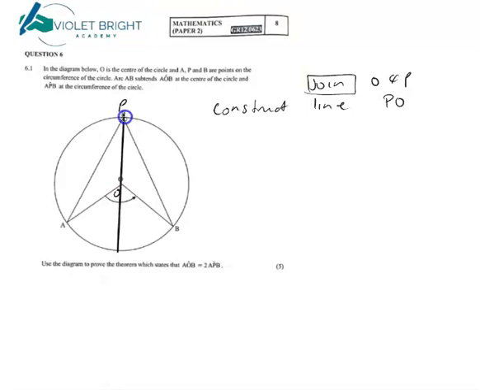Now that we join them, you can see that we have 2 triangles. We have this triangle here, and then we also have this triangle here.